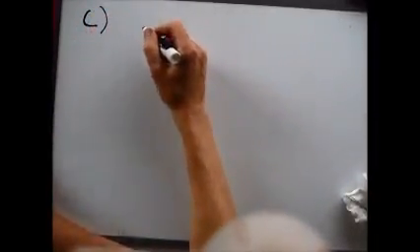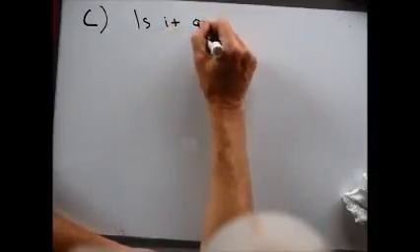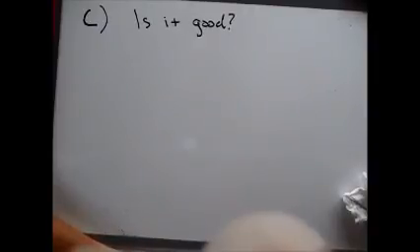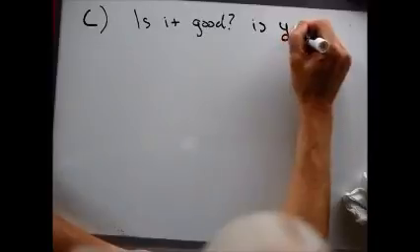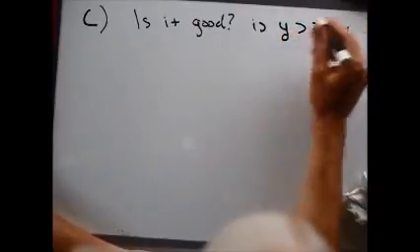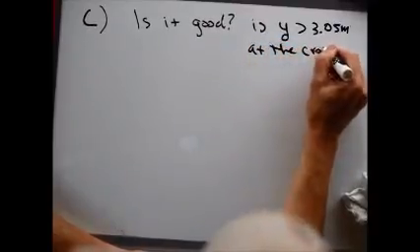In part C, we ask, is it good? Meaning, does the football cross the goalpost above the crossbar? Is y greater than 3.05 meters at the crossbar?